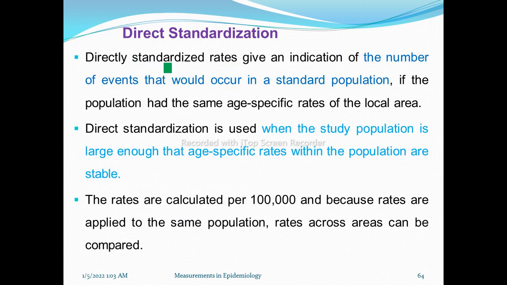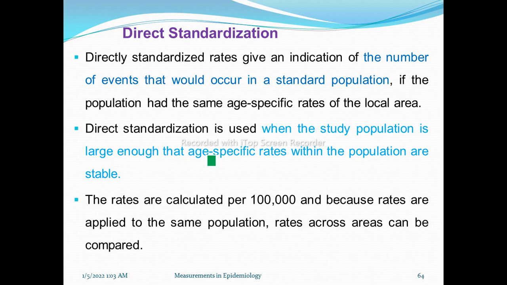So direct standardization: directly standardized rates give an indication of the number of events that would occur in the standard population if the population had the same age-specific rates of the local area. Direct standardization is used when the study population is large enough that age-specific rates within the population are stable.